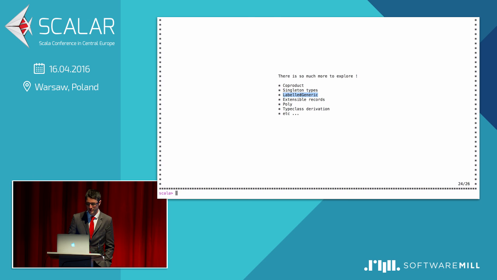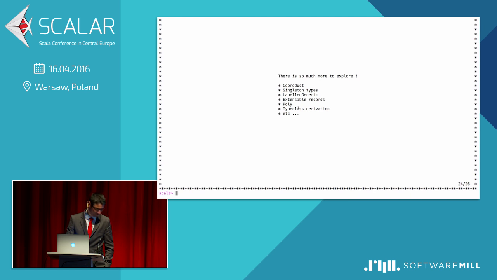So it can be very useful, for example, if you want to serialize to JSON, like for free. There are extensible records, so you can take two classes, merge them together, and obtain another case class. Polymorphic functions, type class derivations for people who don't want to write their type class implementations themselves, and so on and so forth.